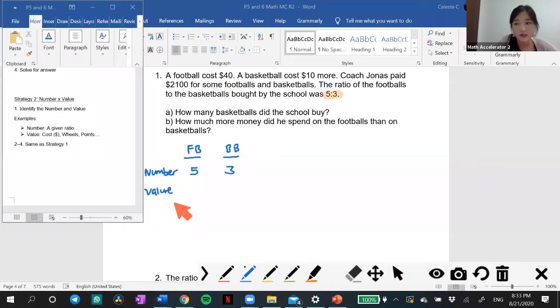The value can be anything, right? So what is the football worth? How much is it? It's given here, $40. So fill that in. How about the basketball? $10 more. Okay, so whatever I'm highlighting, can you highlight it also? $10 more. So that means you have to add it up. $50 for the basketball.